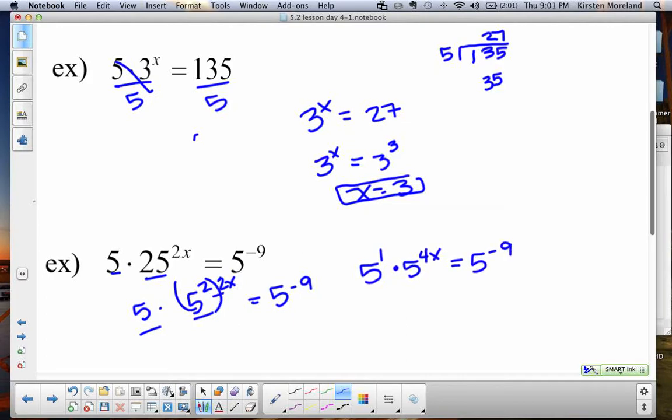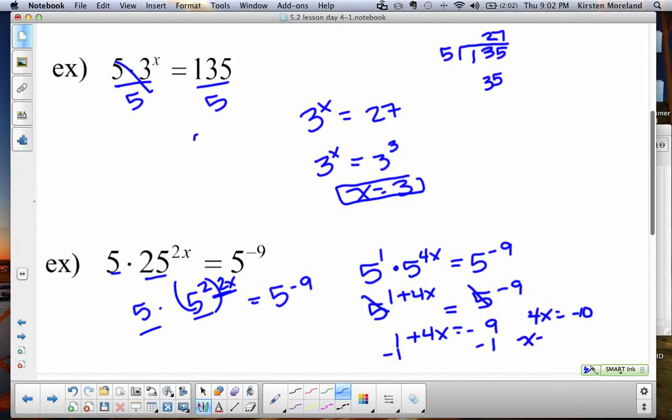So I get 5 to the 1 plus 4x, which equals 5 to the negative 9. Now I have the same base, so I can solve. So I get 1 plus 4x equals negative 9, minus 1, minus 1. 4x equals negative 10. x equals negative 10 fourths, which is the same thing as negative 5 halves.